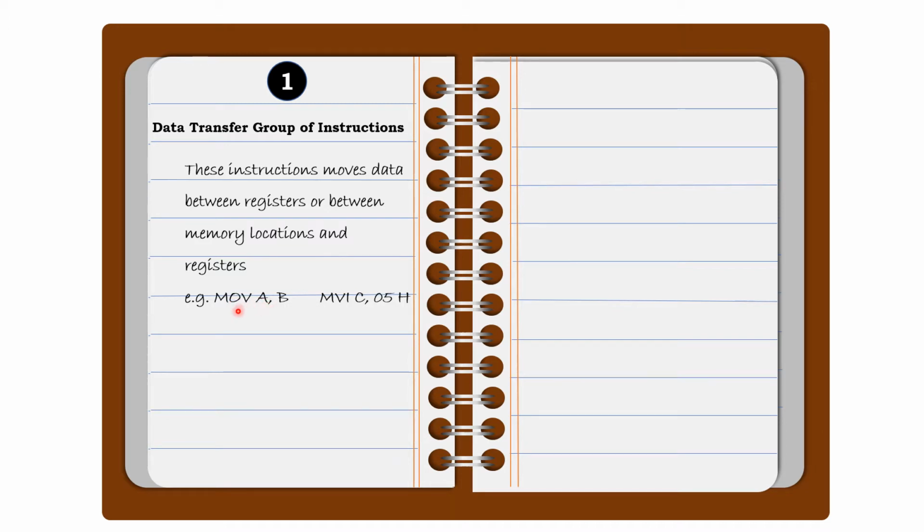So this instruction MOV, meaning move, is a data transfer group instruction which transfers data between two registers. Now the next instruction, MVI C, 05H, is also a data transfer group instruction.